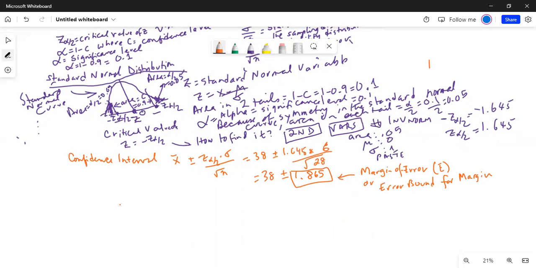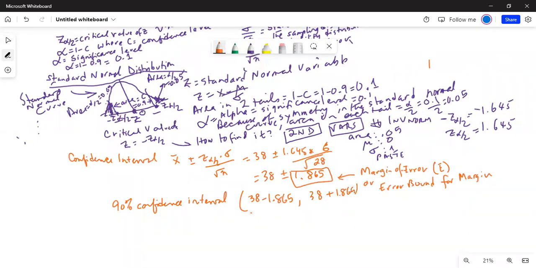Hence, my 90% confidence interval will be 38 minus 1.865, comma 38 plus 1.865.